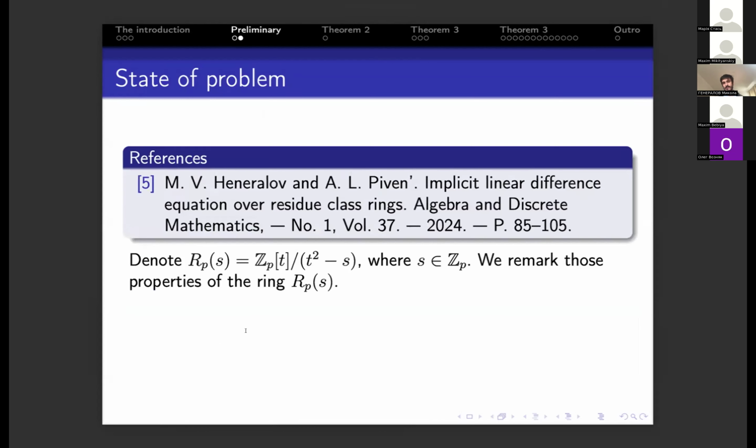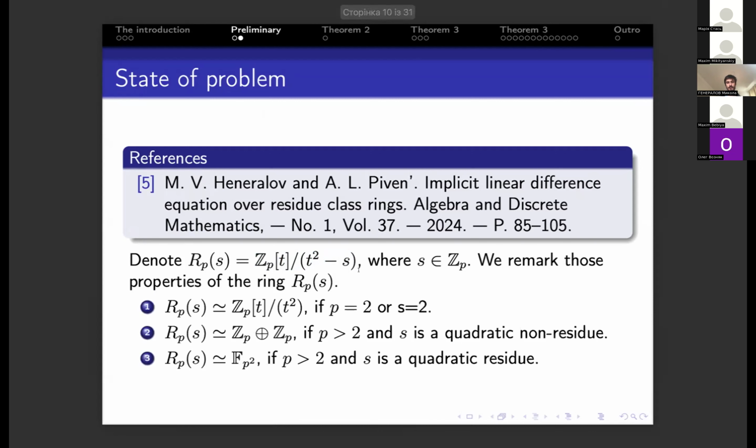As an interesting fact, denote by R_p(s) the following quotient ring, where s is some number from Z_p.